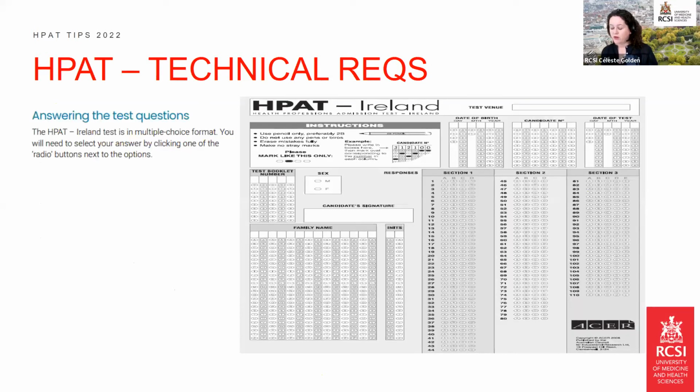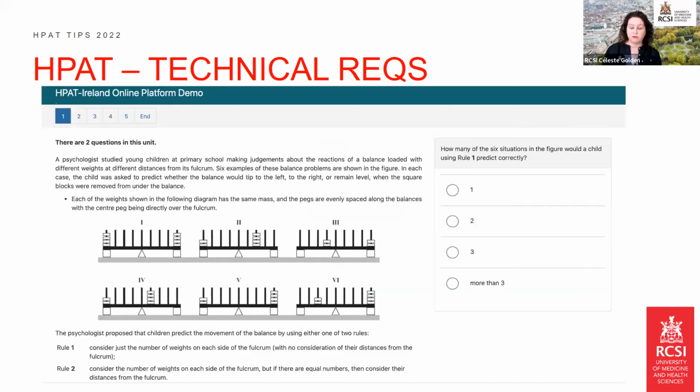So when we talk about an MCQ, multiple choice questions, the HPAT test is an MCQ. And this is what it used to look like when it was in paper form. It was probably more difficult to do in paper form because you ran the risk of filling in the wrong line, or maybe coming back to something and filling things in the wrong sequence. So now what we have are radio buttons.